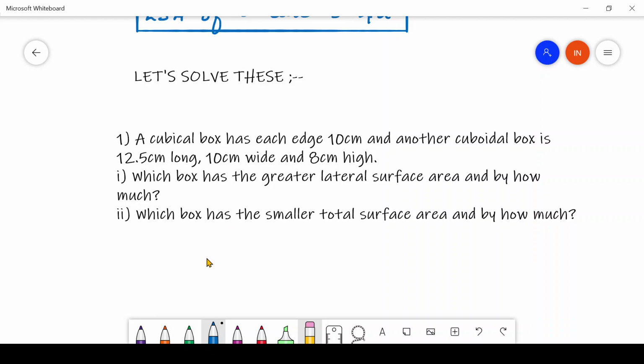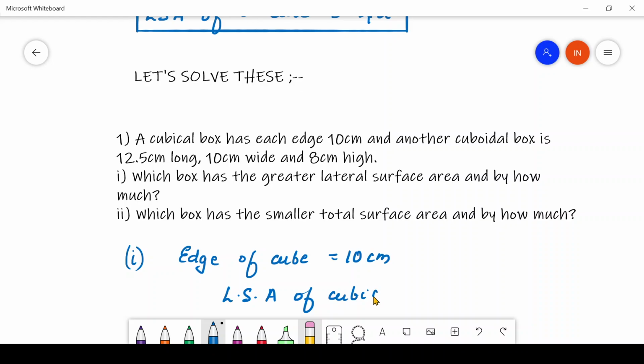So first let us find out the first part. For that, the edge of the cube is given, right? The edge of the cube is equal to 10 centimeter. So we can find the lateral surface area of the cubical box.